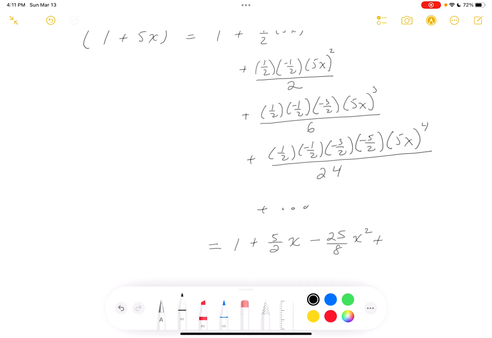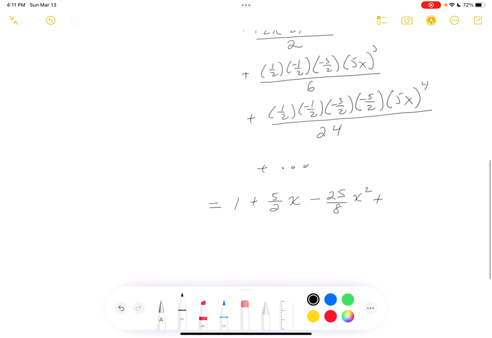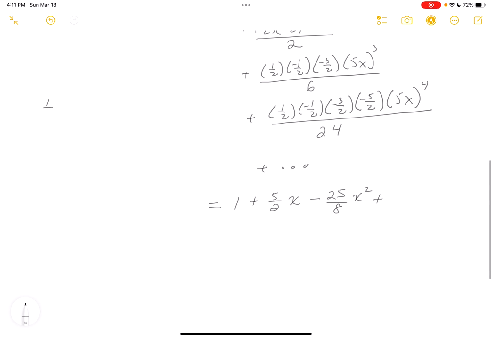And I'm going to do the arithmetic for you. All right, so what's the arithmetic going to be? Well, let's see, 1/2, 1/2, 3/2. 5 cubed is 125, and you get a 6 in the bottom. Well, 3 goes into 3 once, it goes into 6 2 times.